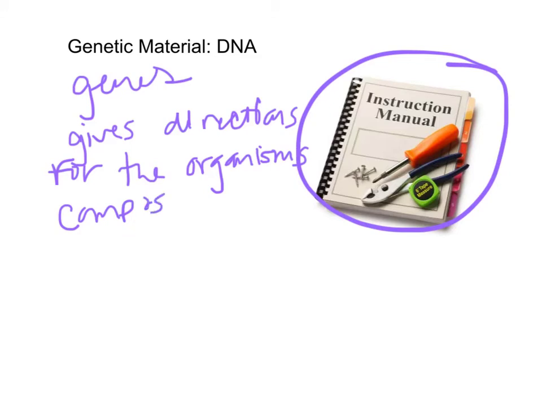So what I mean by that is how the cells and the tissues and the organs and the organ systems are all going to function, that they're going to be healthy and that they're going to replace themselves, but also the composition. So for a human, it's going to tell the cells how to create themselves so that the human being looks a certain way. For example, I have blonde hair and blue eyes, and my hair is curly, and I have fair skin. All of that information is stored in the DNA.